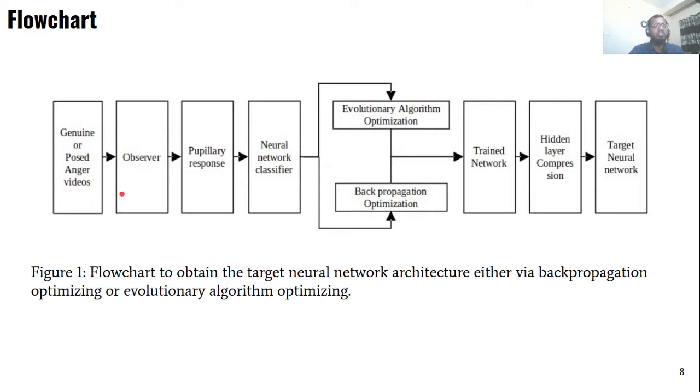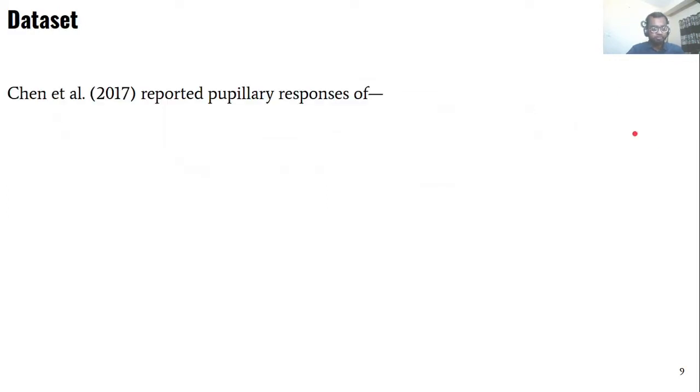We extract several features from those pupillary responses, and then use those features in a neural network classifier, and we train that classifier in two ways: evolutionary algorithm optimization and backprop optimization. Then of course we get our trained network, and we further prune that trained network in a systematic way, and finally we get our final trained neural network and other similar analysis.